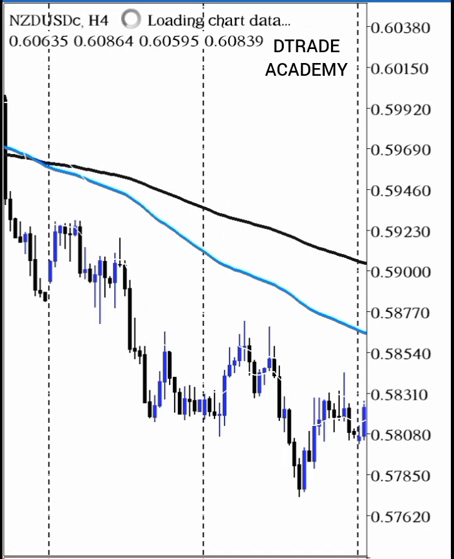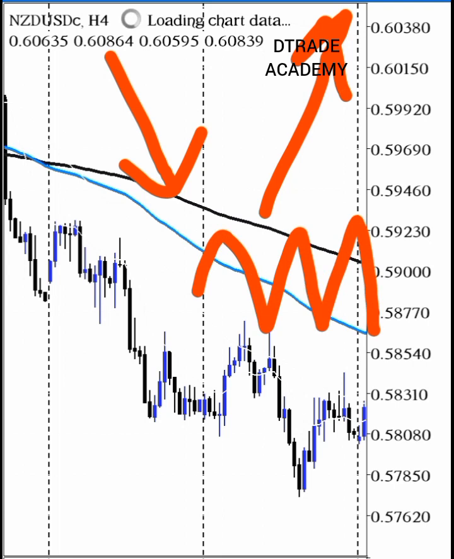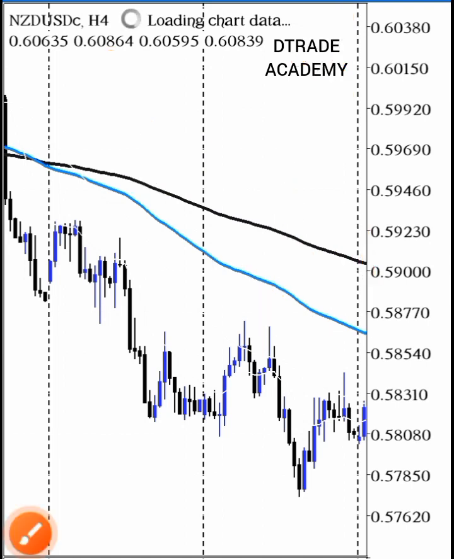In the Trade Academy, we only trade up and down trends, but the sideways trend, which is the consolidating phase of the market, we avoid. This is when price does not have a particular direction.